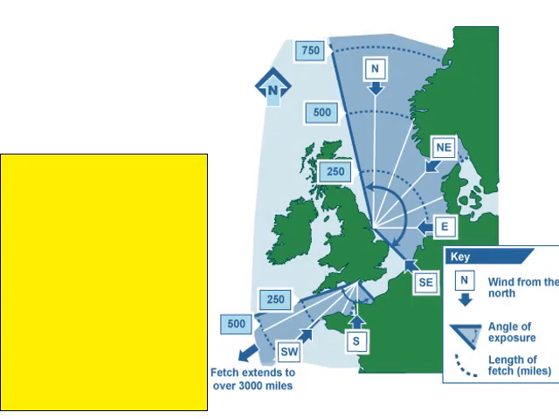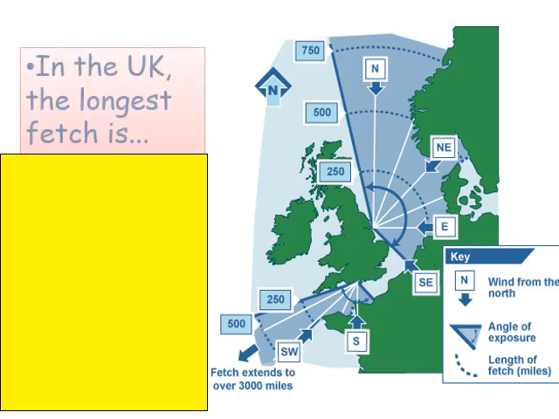This map shows the idea about how fetch is influencing different coastlines around the UK. So, using the map, you need to write down, in the UK, the longest fetch is. Looking at the map, where do we think we have this longest fetch?